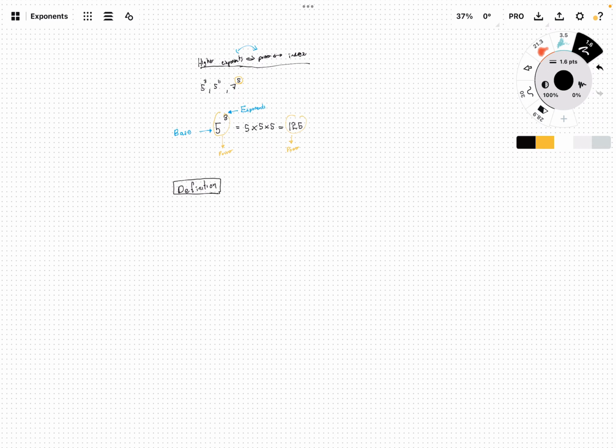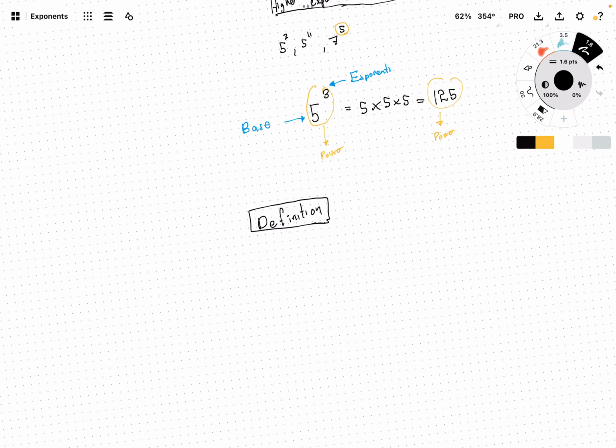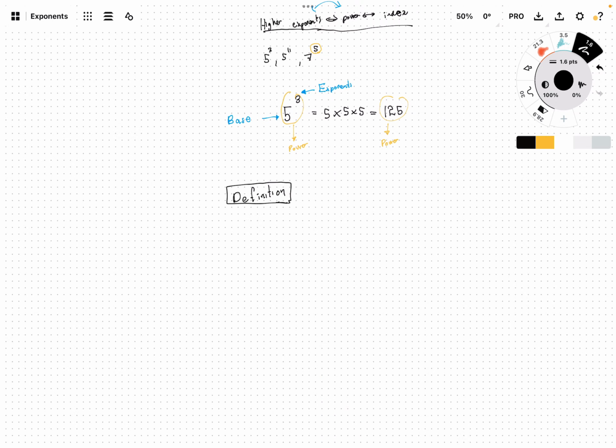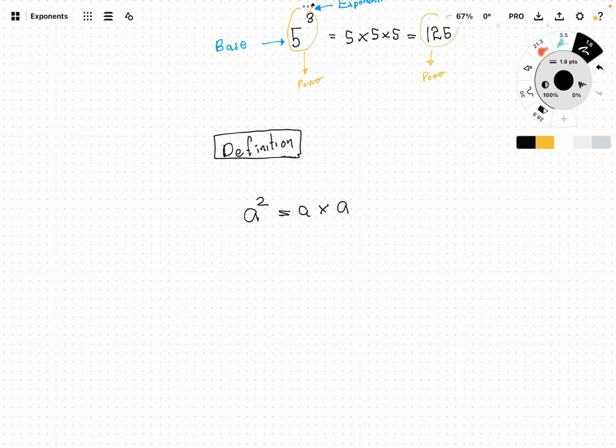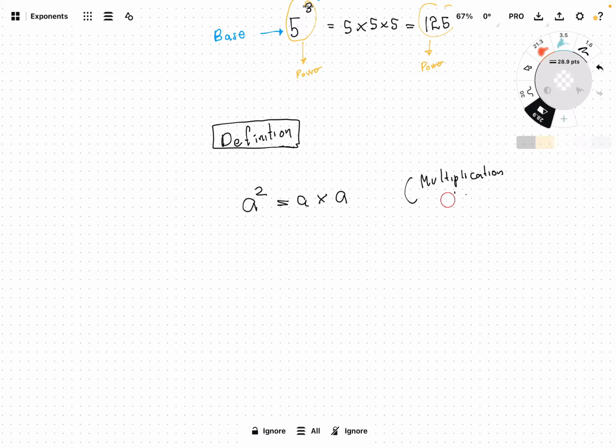The definition of higher powers is very similar to the definition of squares. If you recall, squaring meant repeating multiplication twice. So a squared was a times a. In words, it's multiplication repeated twice on the same number.